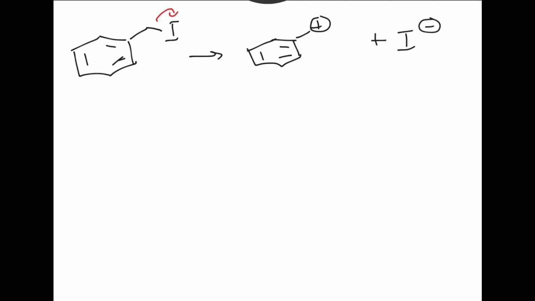We make this benzylic carbocation. And it has a bunch of resonance structures. It's able to move that carbocation around to a bunch of different carbons. So I'm able to move that carbocation to that carbon.